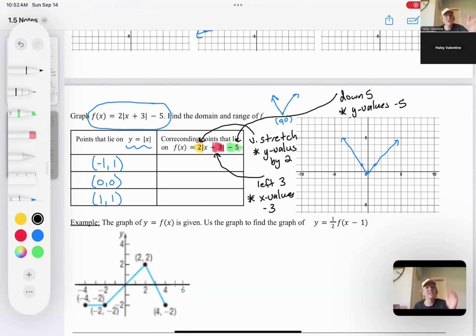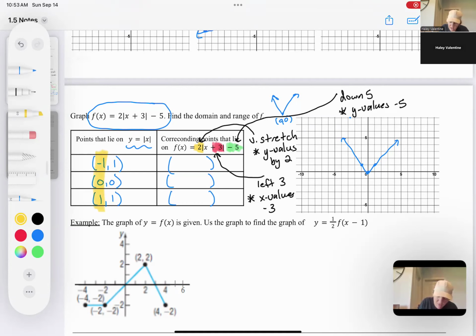But the thing is I'm going to do this in order. I'm first going to multiply the y by 2, and then I will subtract the 5 as well, because recognize 2 things are happening to the y values, only 1 thing happens to the x. So let's pick out the ordered pairs. Maybe let's talk about the x's first, because those are a little bit easier. Here are my x values.